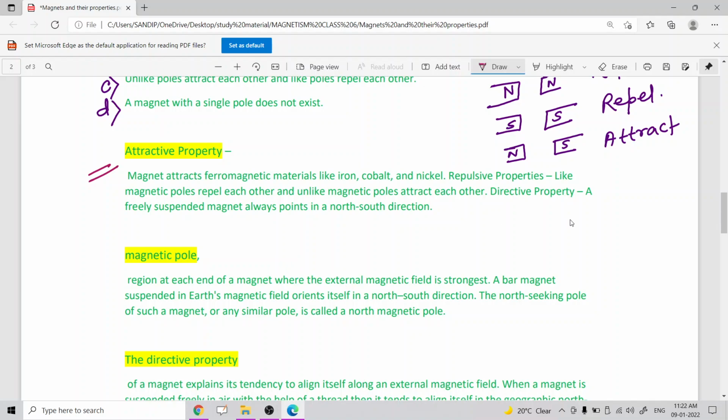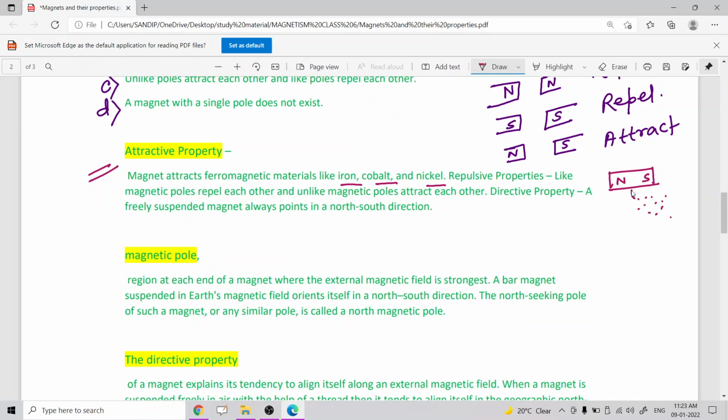Suppose we take one magnet, with one end north and the other south, and we place ferromagnetic or magnetic materials like iron, cobalt, nickel near it. These materials are easily attracted by the magnet.